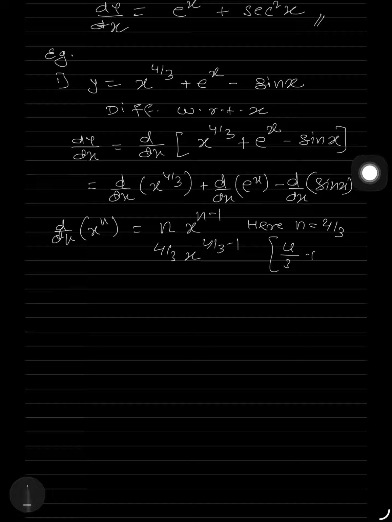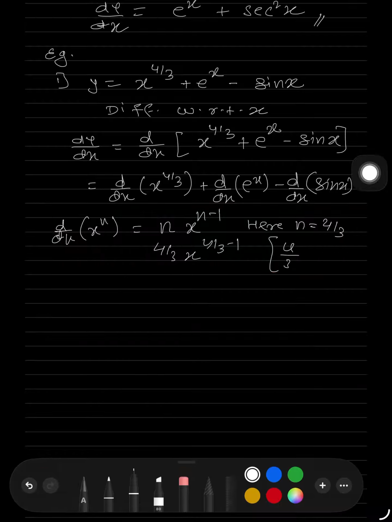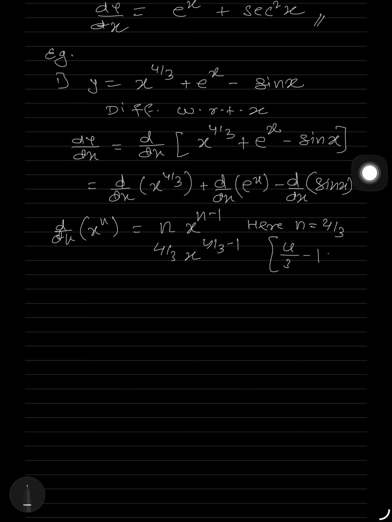Cross multiplying, 4 minus 3 upon 3, this will become 1 by 3. So the derivative of x raised to 4 by 3 is 4 by 3 x raised to 1 by 3.